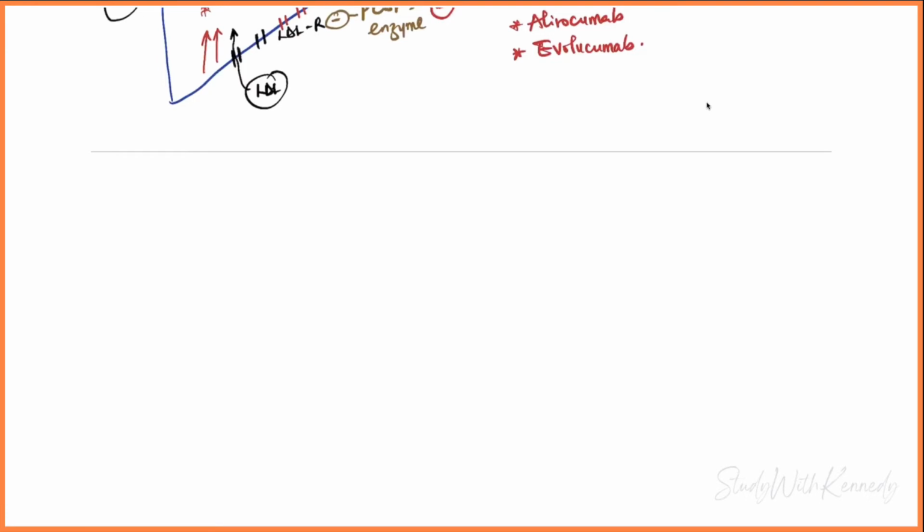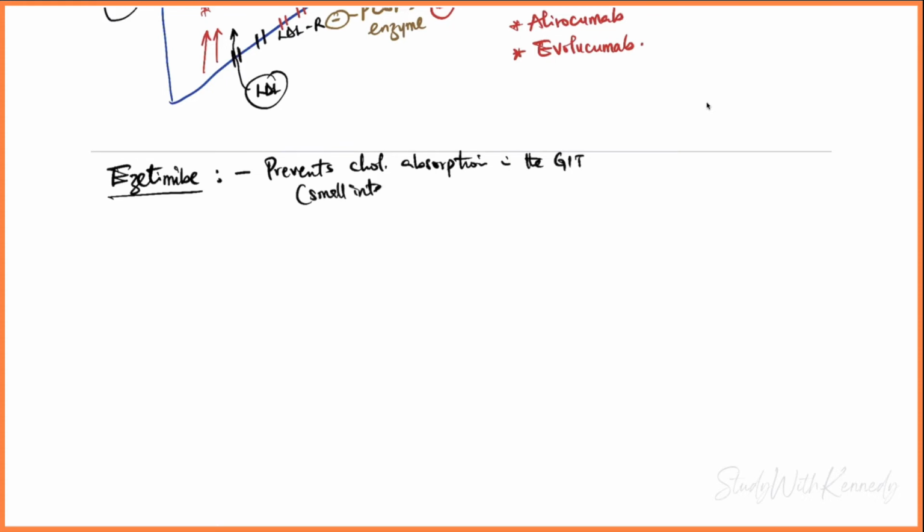Again, we started with ezetimibe. I think ezetimibe was the first medication on that list. Mechanism of action, we said ezetimibe prevents, just for note's sake, right? Prevents cholesterol absorption in the GI, specifically the small intestines, because you may be asked.